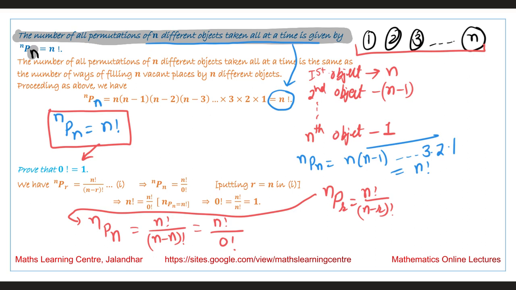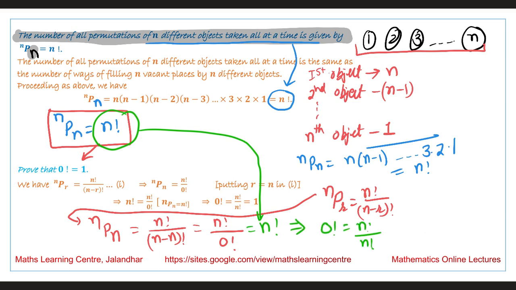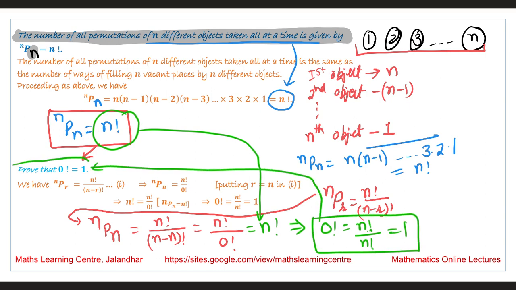And from this we know the answer is equal to n factorial. So this implies that 0 factorial is equal to n factorial over n factorial, that is equal to 1, and this is what we already know, that 0 factorial is equal to 1.